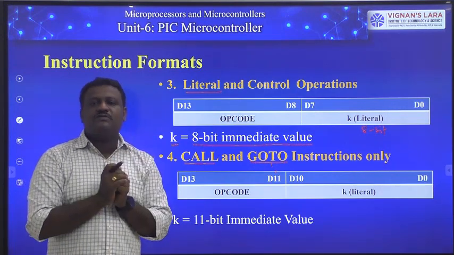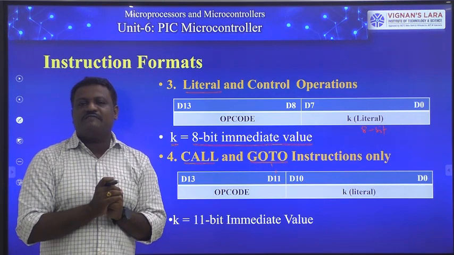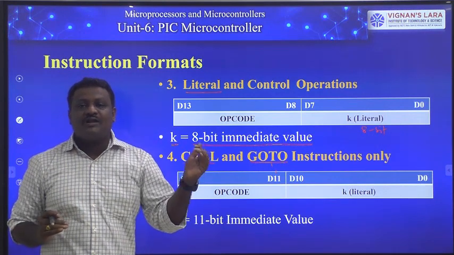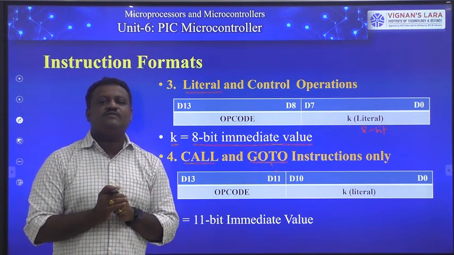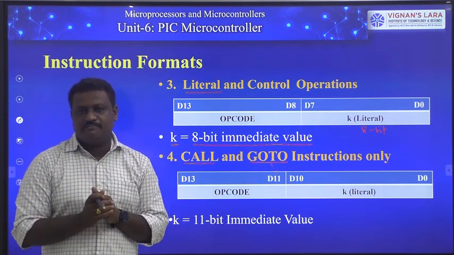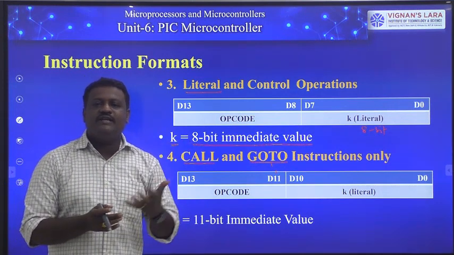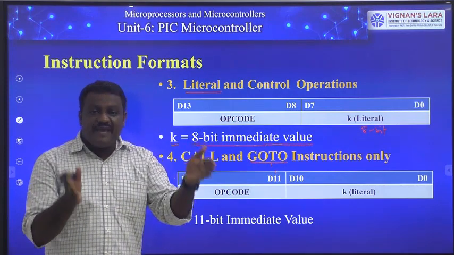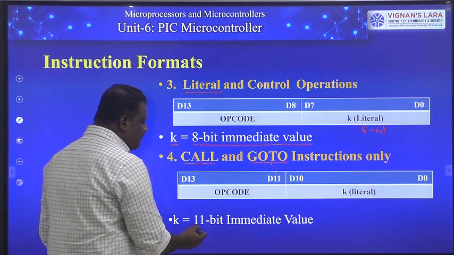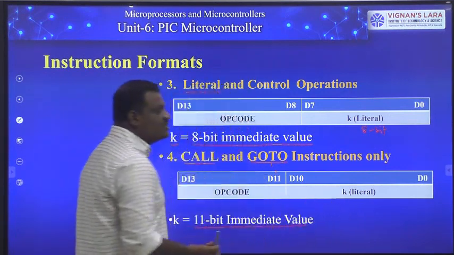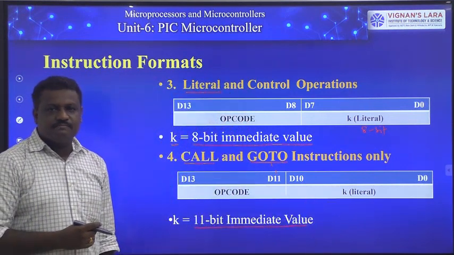In the case of our PIC controller, whatever program memory was available was organized into different pages. A page size is equal to 2 kilobytes. So in order to address a location in a 2 kilobyte page, I definitely need an 11-bit address. That 11-bit address is written in the instruction operand field.